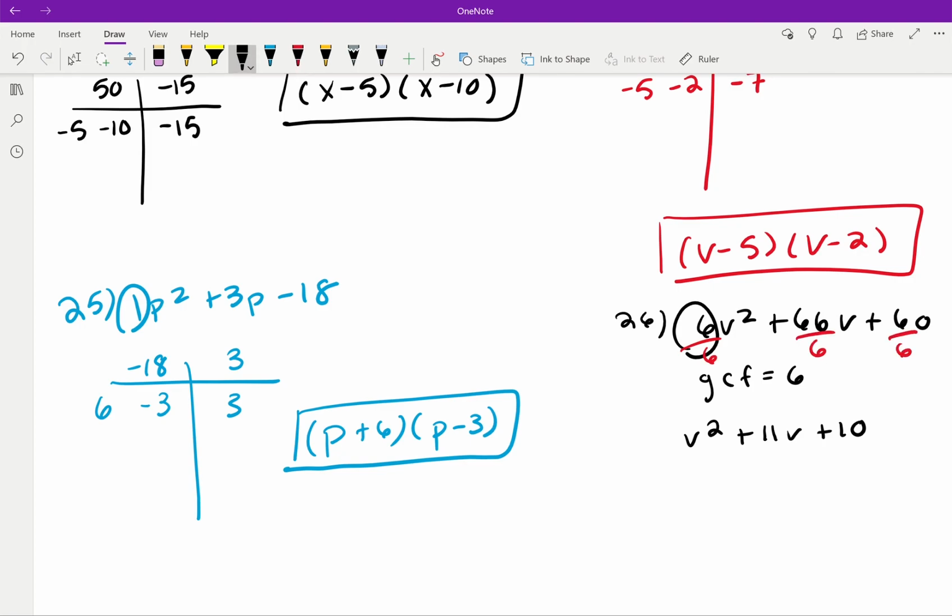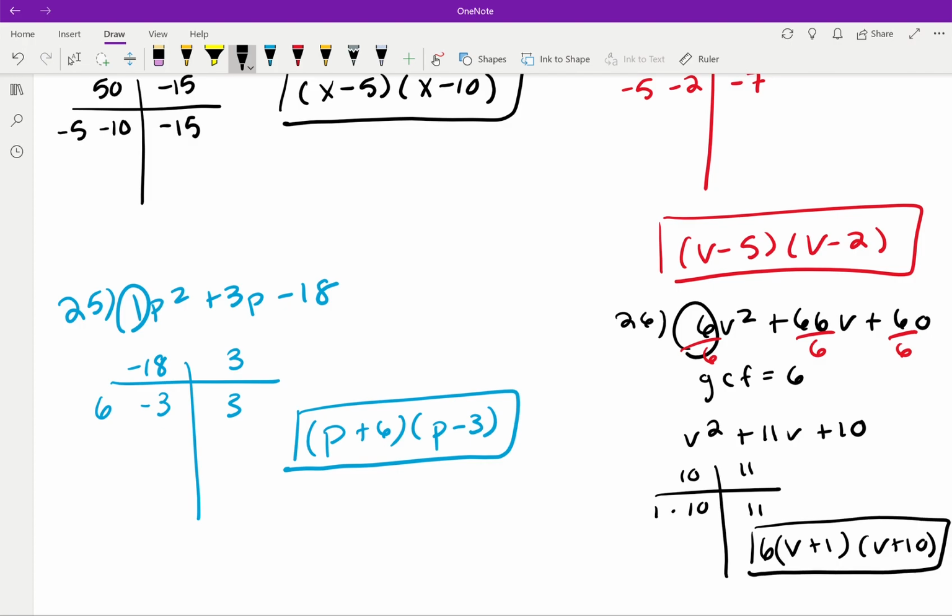Now I'm creating my table, so I need two numbers that multiply to 10 but add to 11. That's going to be 1 times 10. So I have v plus 1, v plus 10, and since I have a GCF of 6, that goes in the front. So this is my answer.